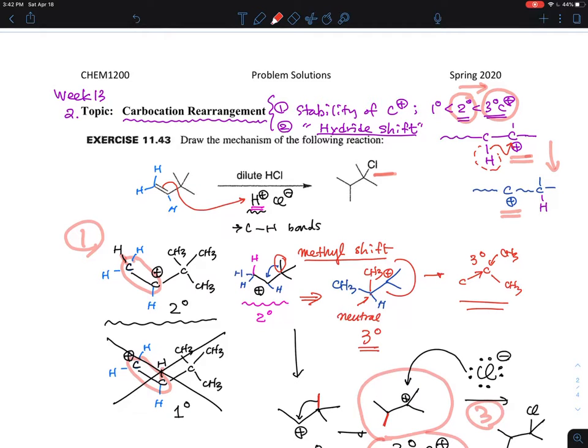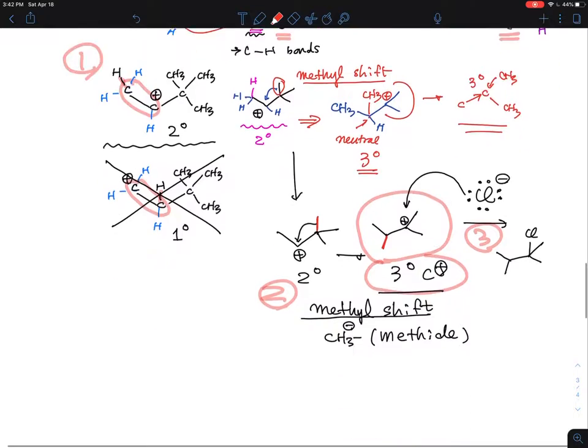So it looks unusual, because what used to be the double bond acquired a new methyl group, and that methyl group is coming from the methyl shift, just like here, and they create a new tertiary carbocation, and then finally the chloride ion nucleophile will form the bond.